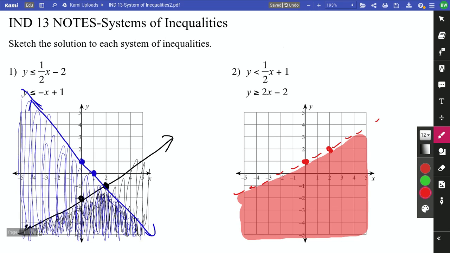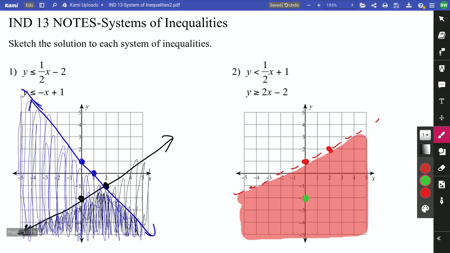So let's look at the other one. We will graph it. And it's this one. The y-intercept is -2, giving us a point right there. The slope is +2, so that will give us our other point.